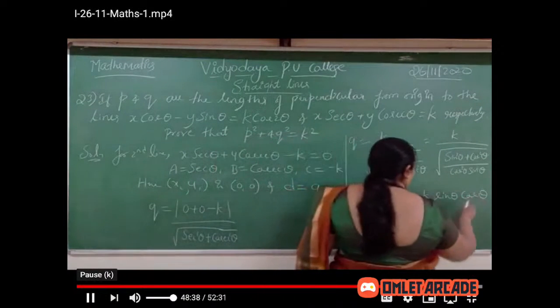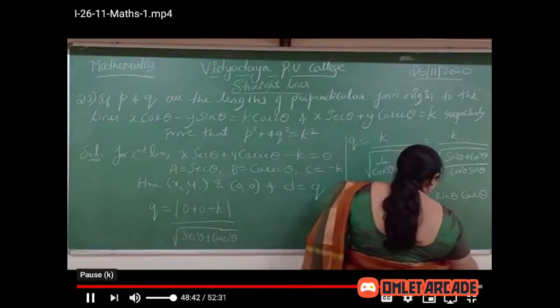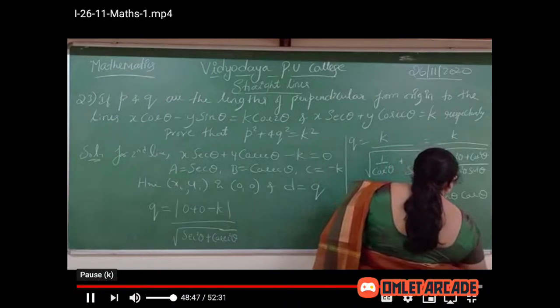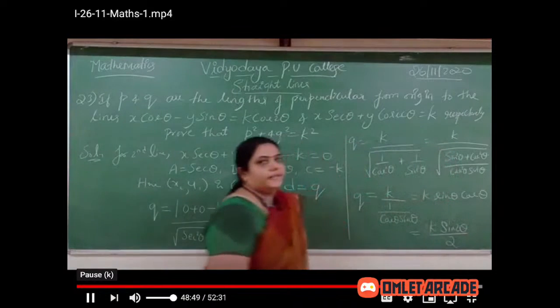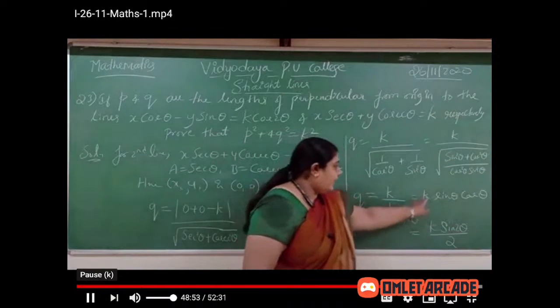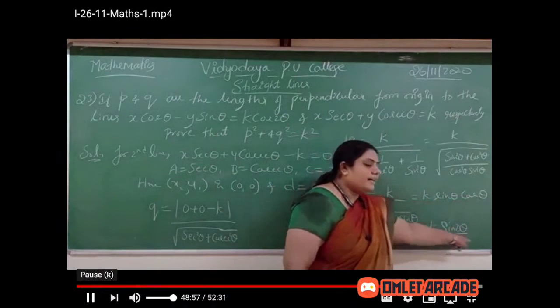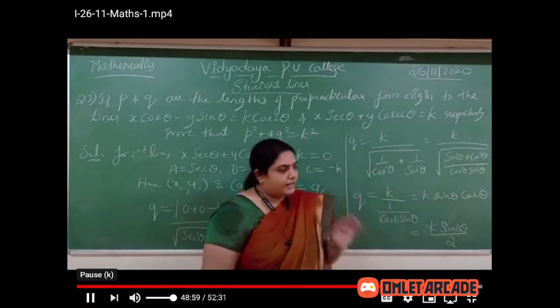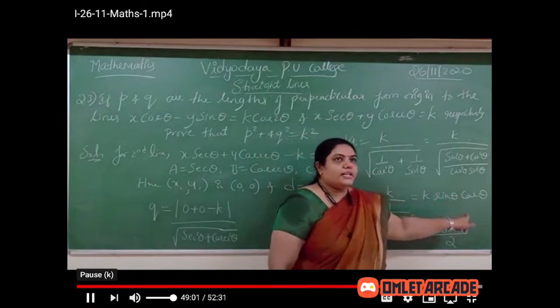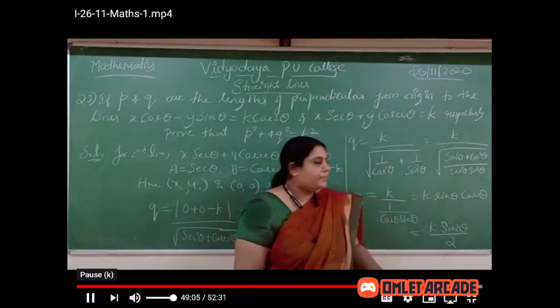So can I write k sine theta cos theta as k sine 2 theta divided by 2? See, we know that the sine 2 theta formula is 2 sine theta cos theta.